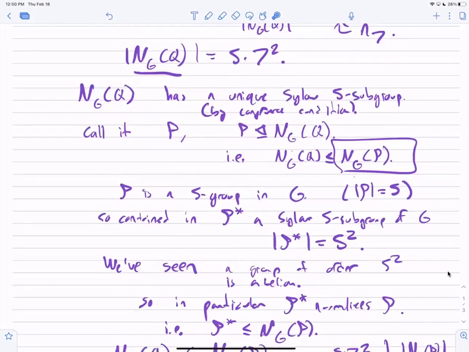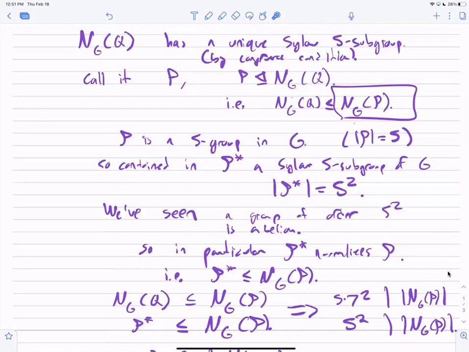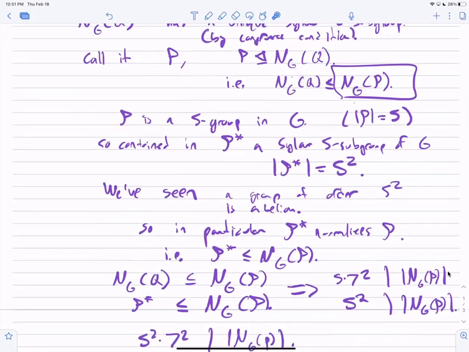And then we used the fact that this 5-group is contained in a Sylow 5-group of G. That gave us a way to find some extra elements in the normalizer that we hadn't already seen. I'm just using that the Sylow 5-subgroup of G has order 25 and is abelian.